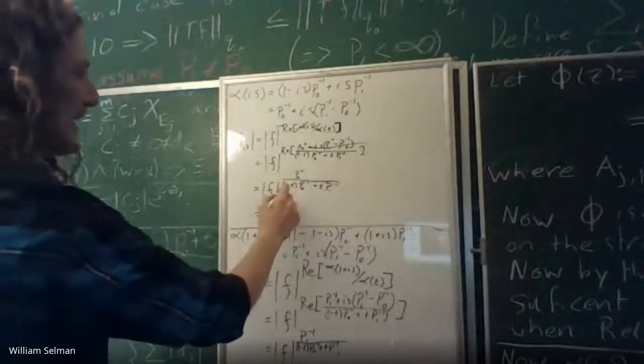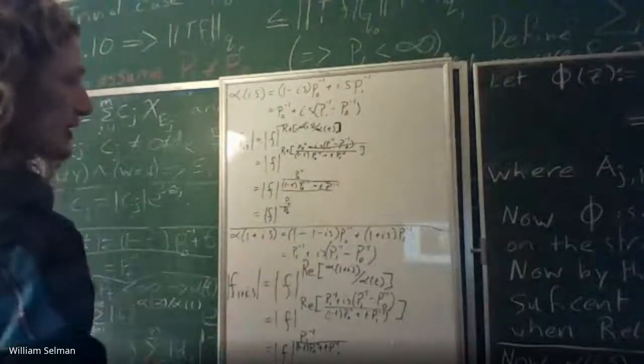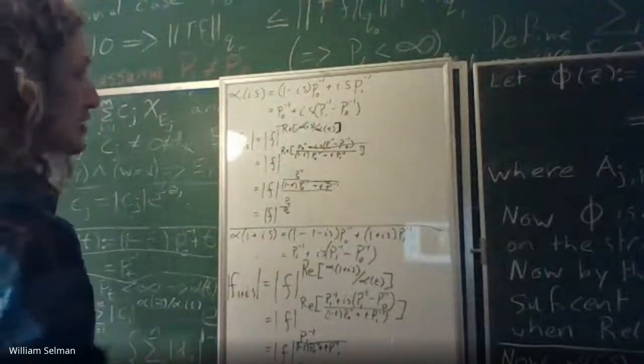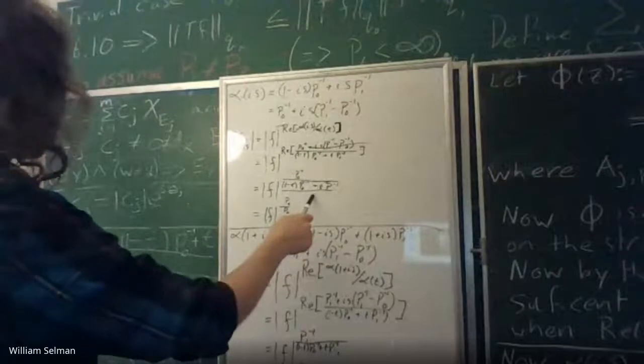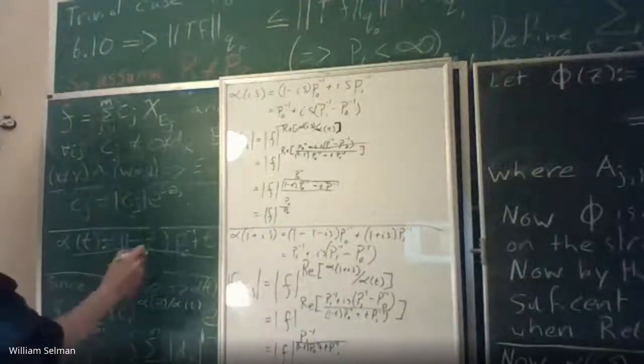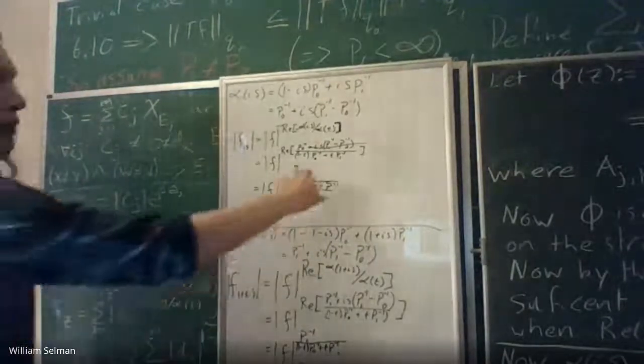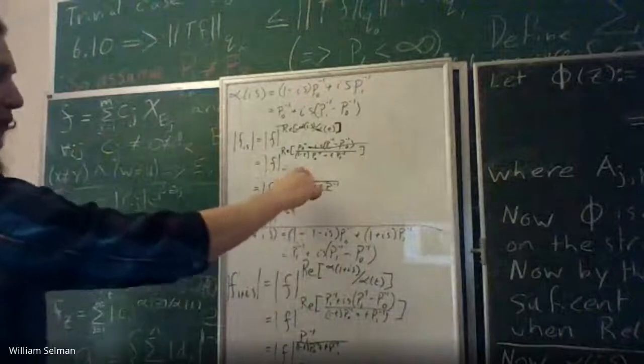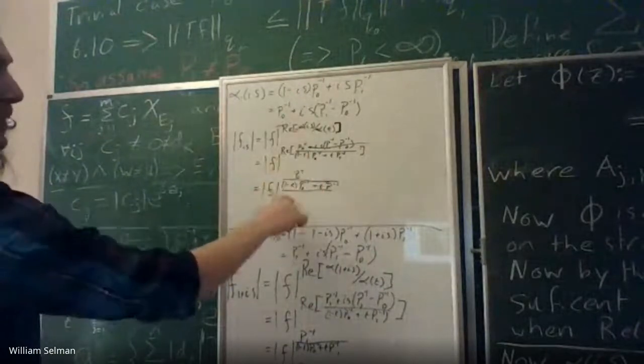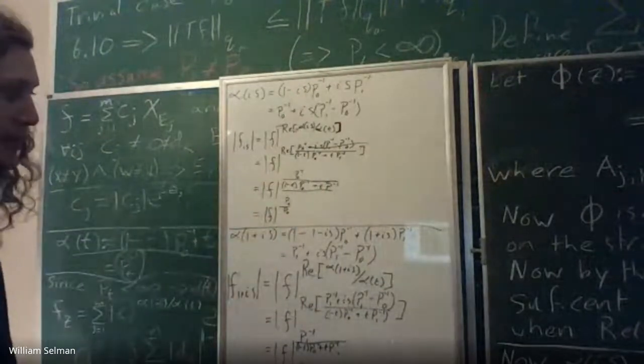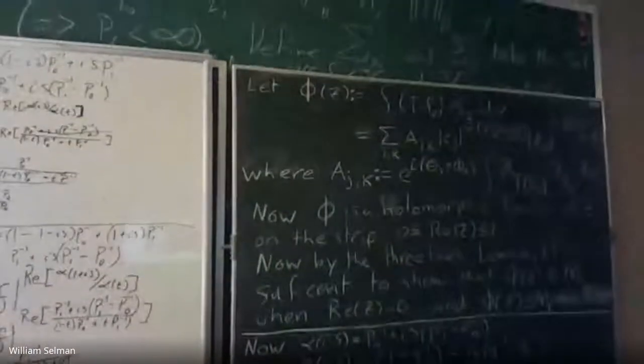But this thing here is just alpha of t, and alpha of t was Pt inverse. So P naught inverse over Pt inverse is the same thing as Pt over P naught. So that's where we get our desired identity here.